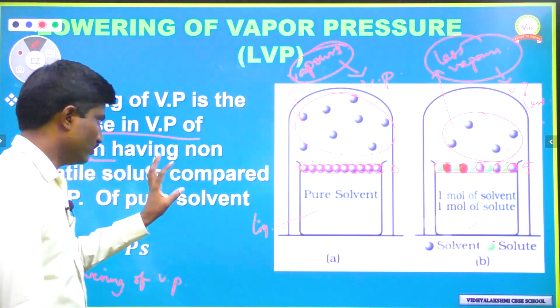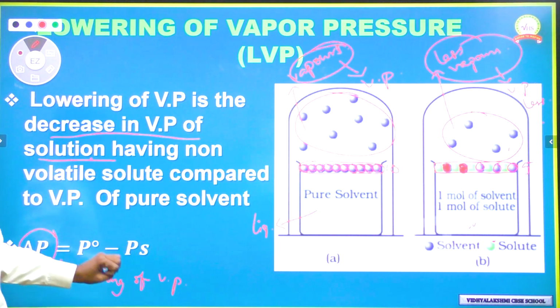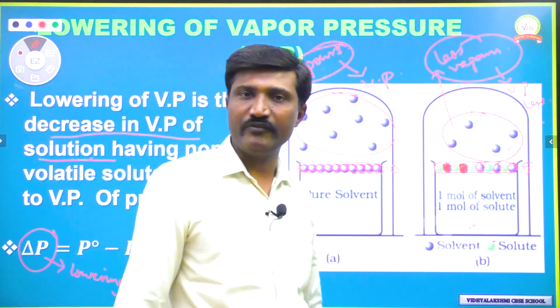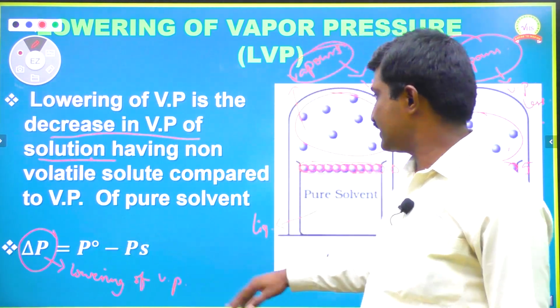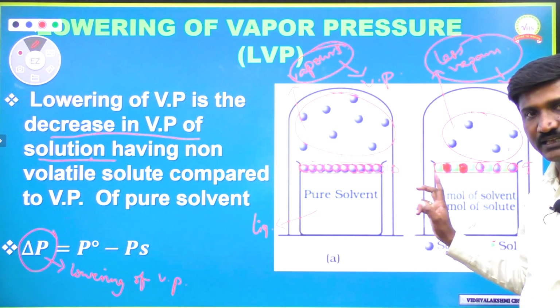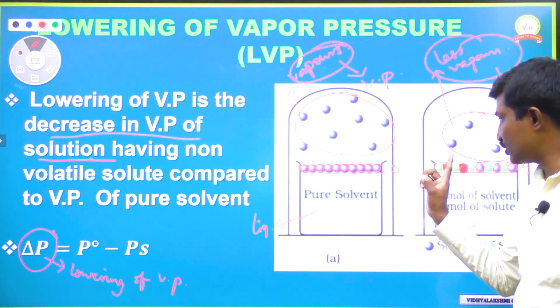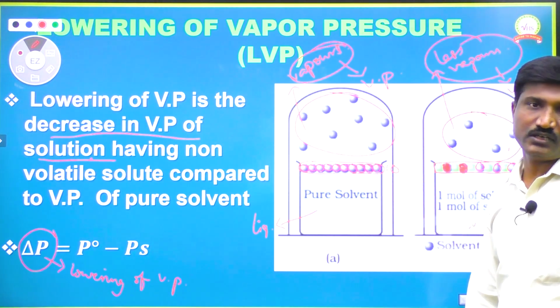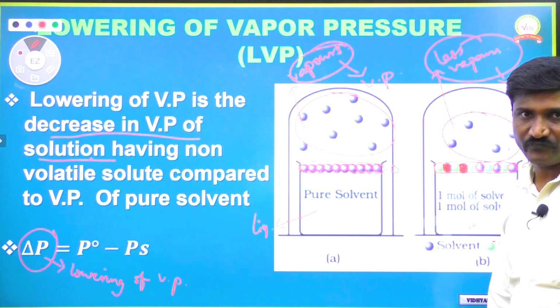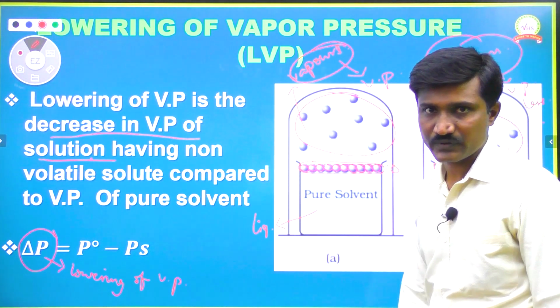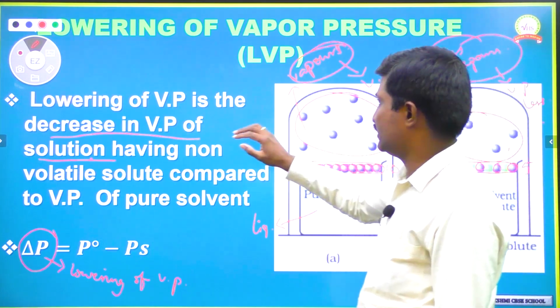So what is lowering of vapor pressure, how do we represent it, and what is the reason for the decrease in vapor pressure of the solution compared to the pure solvent? Why is it decreasing? Is everything clear?